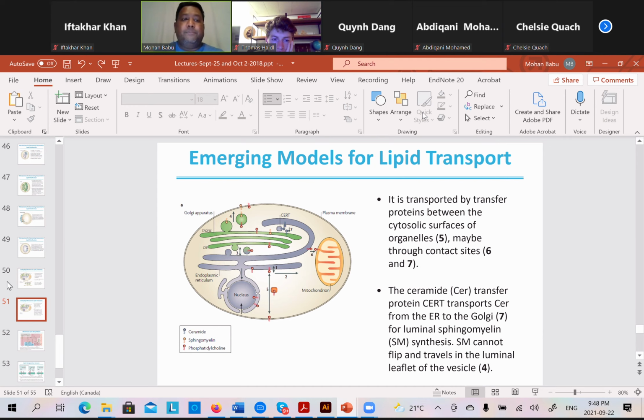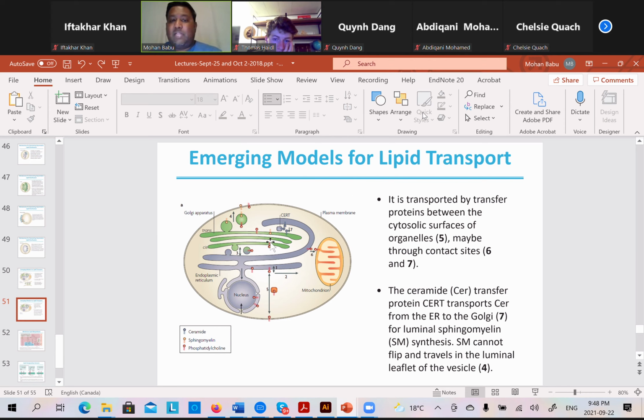So there are 7 different steps we talked about. Let's summarize it again. In the first step, you can see the phosphatidylcholine on the cytosolic surface of the ER, and that gets laterally diffused in the membrane. Then it also goes to the Golgi, it also goes to the plasma membrane, then to the endosome. From the endosome, it gets transported between the cytosolic surfaces of the organelles.